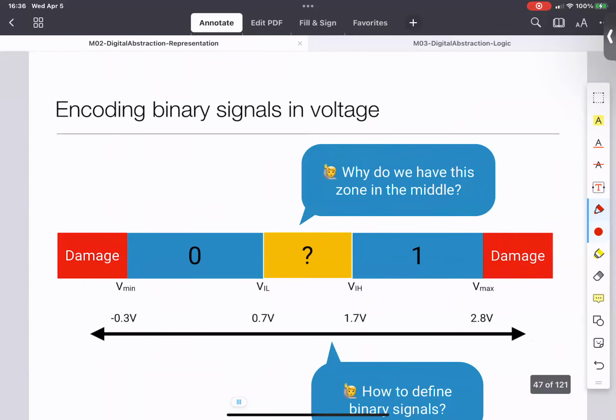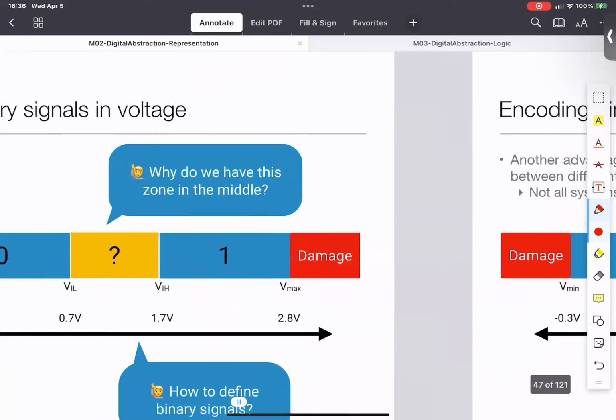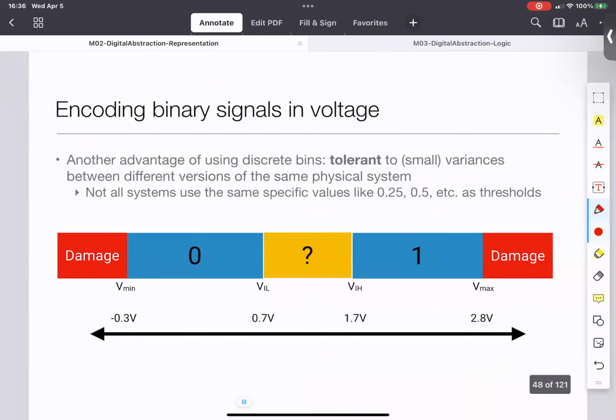Now this question, which I already attempted to answer: why do we have this no man's land in the middle? Because it helps us tolerate error, a small amount of variation. Let's say one system produces a value, it travels over some cable or wire, and reaches the other system, and as it travels, it can pick up noise from the environment.